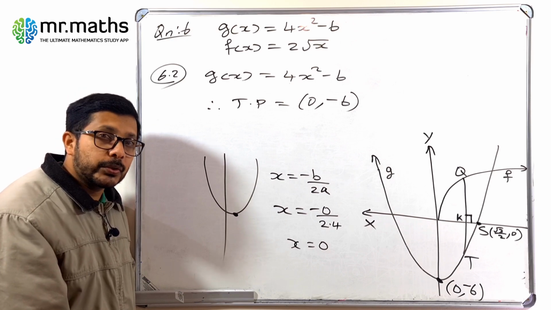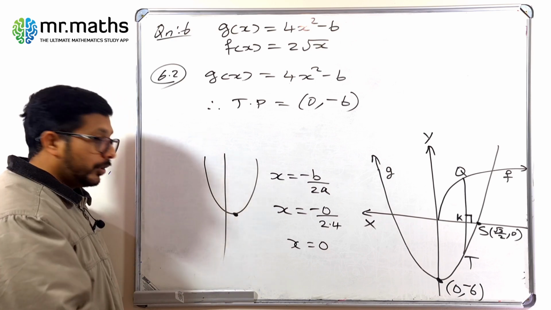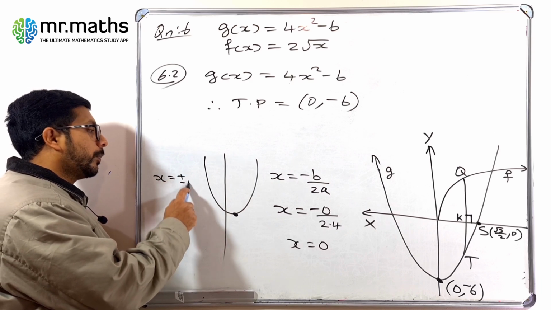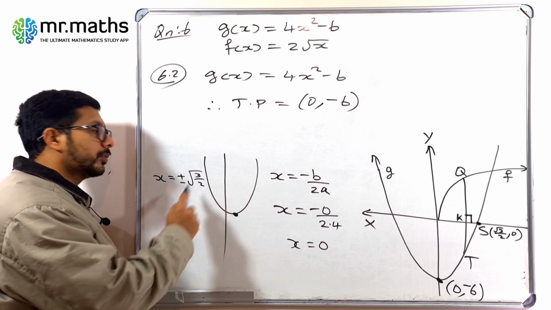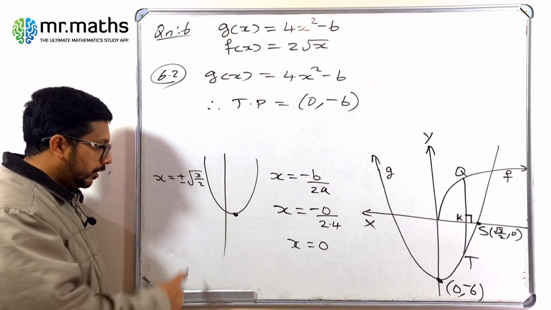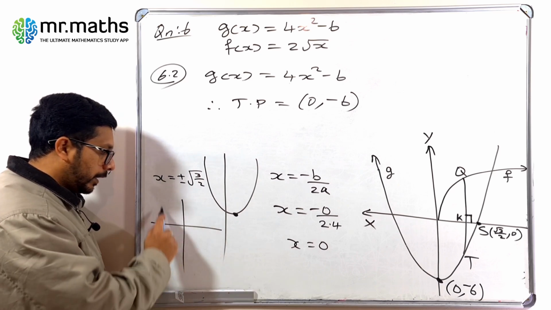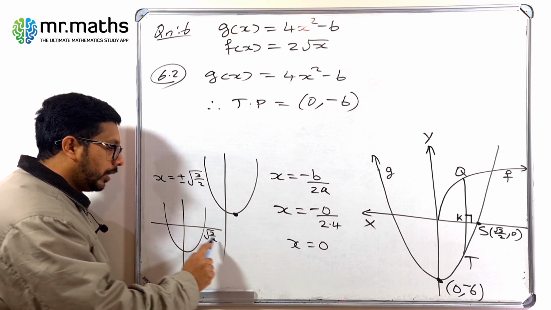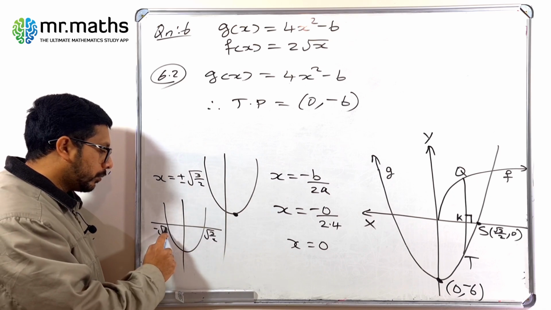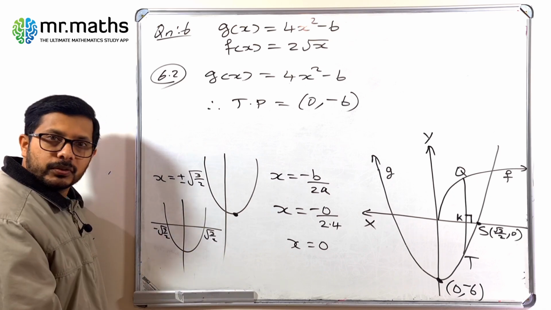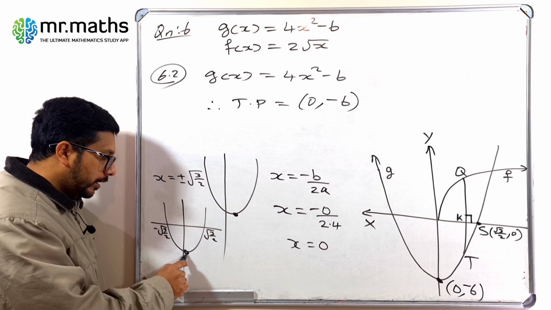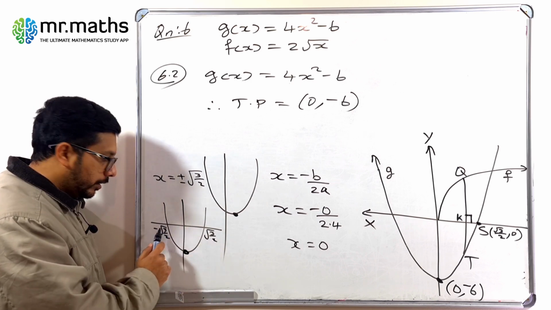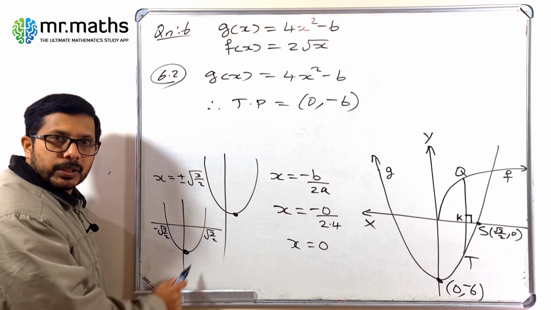Do you want to know another method? Now in the previous question we got x is equal to plus or minus root 3 by 2. Am I right? What is the meaning of that? Here the x value is root 3 by 2, and here the x value is minus root 3 by 2. The turning point lies in the middle of minus root 3 by 2 and plus root 3 by 2.